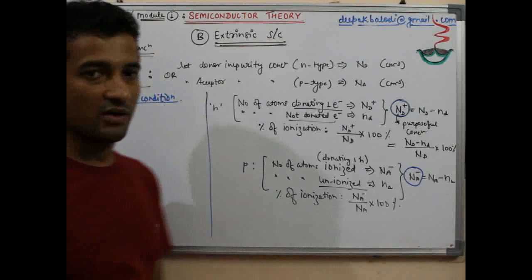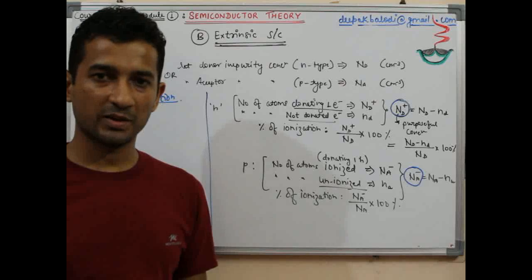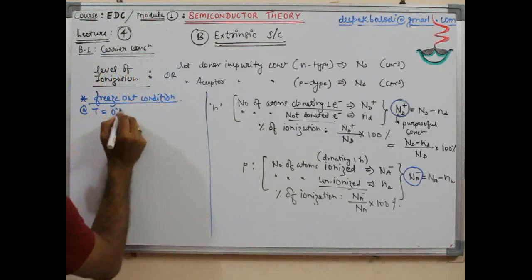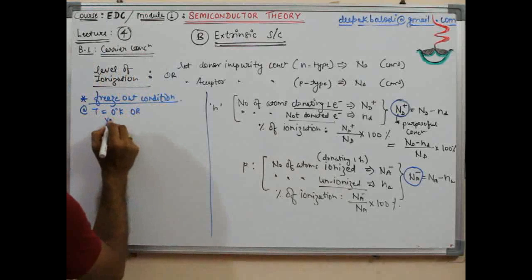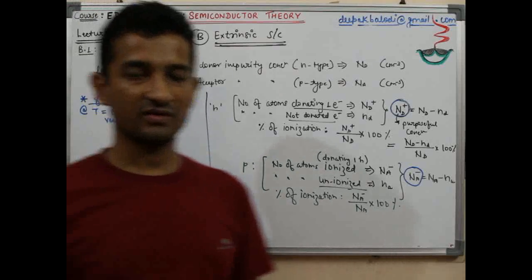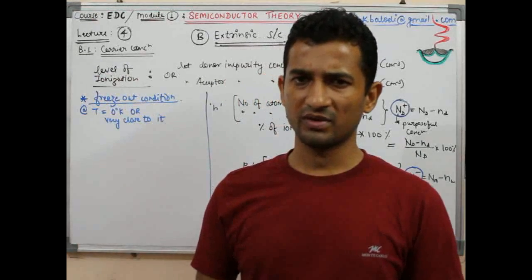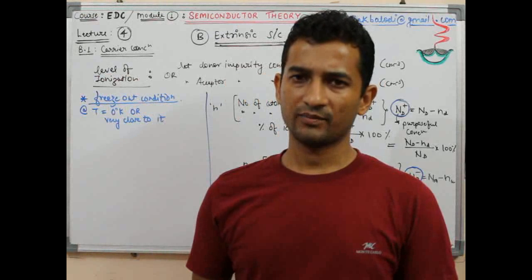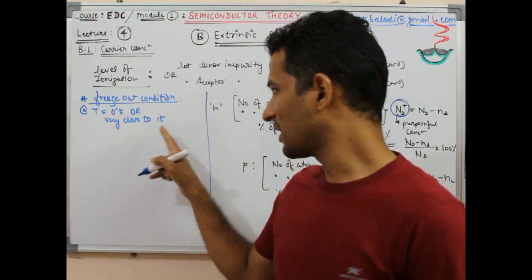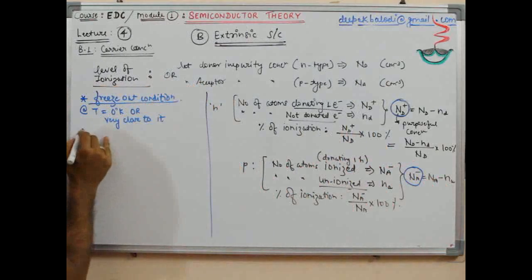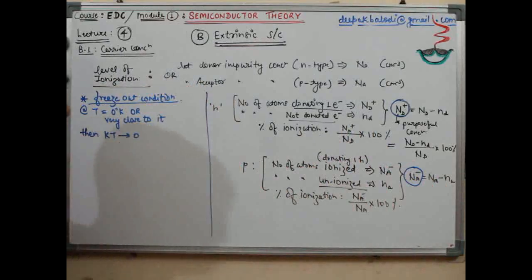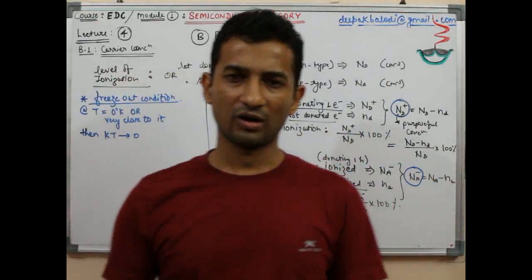Freeze out condition is when everything is frozen out with respect to temperature, meaning at T equals 0 degree Kelvin or very close to it. If temperature is near about absolute zero, it cannot be exactly at absolute zero, it is only a hypothetical figure, but suppose it happens, or very very close to it, then we have seen that the thermal energy kT is almost zero, almost or exactly 0 electron volts.